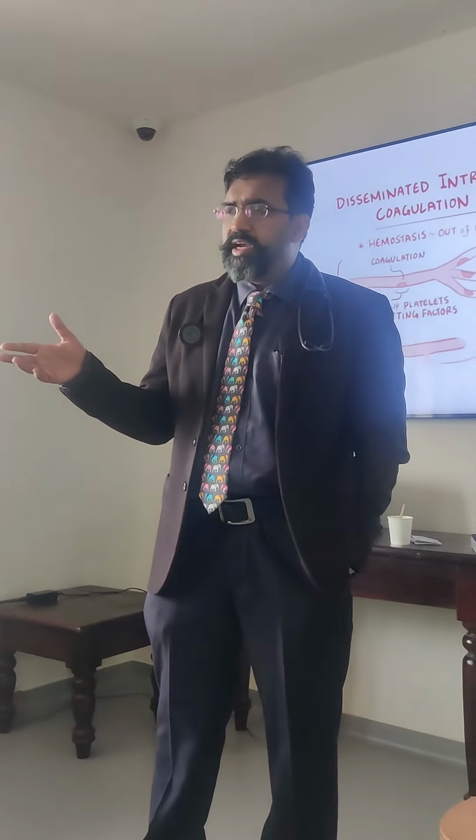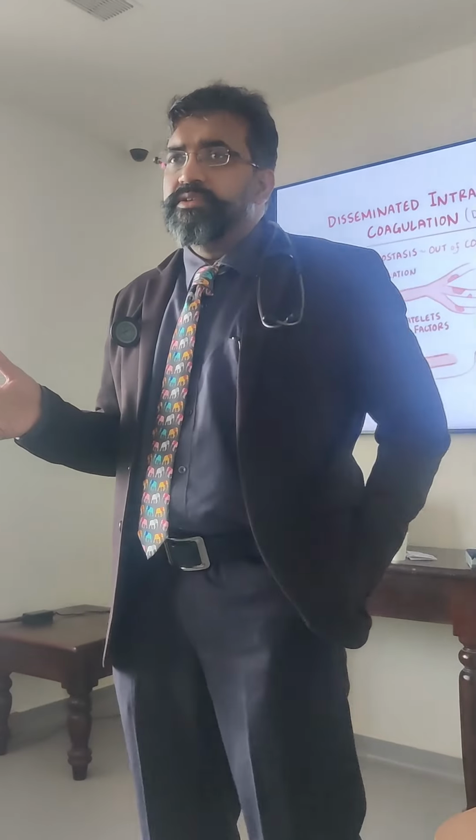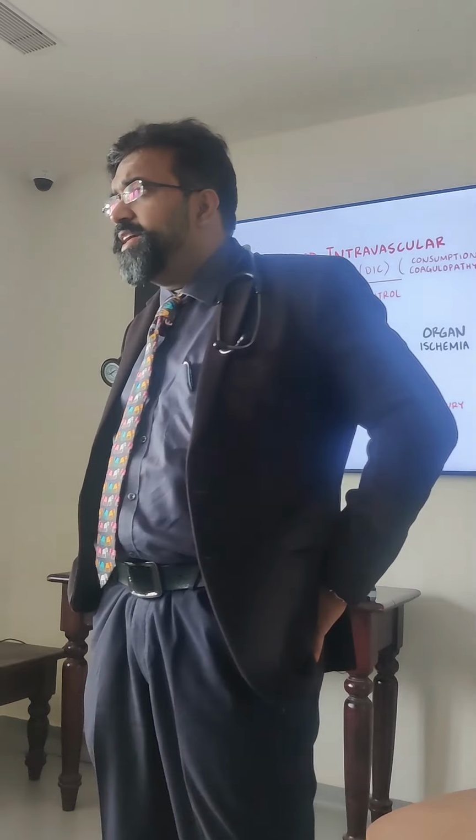Someone please open it on the net and see. This score will tell you that this may not be fulminant DIC, this might be sepsis-induced coagulopathy, and that is what we normally have, more than DIC.